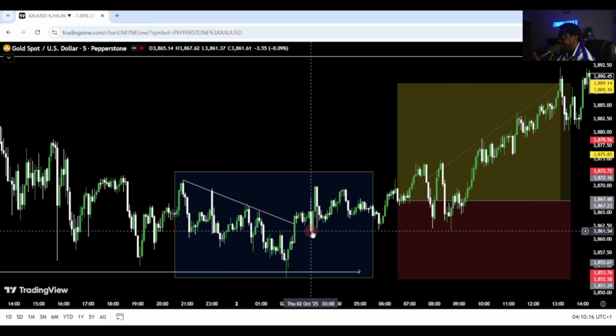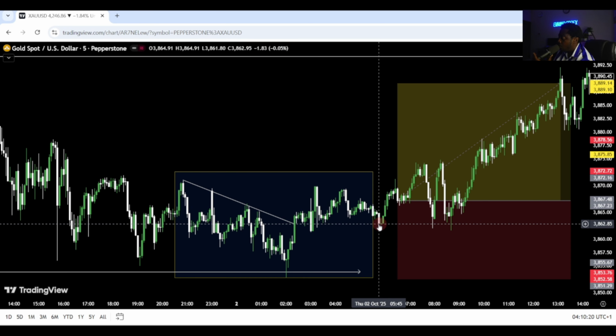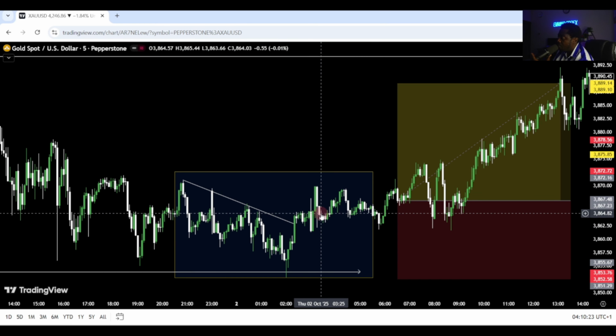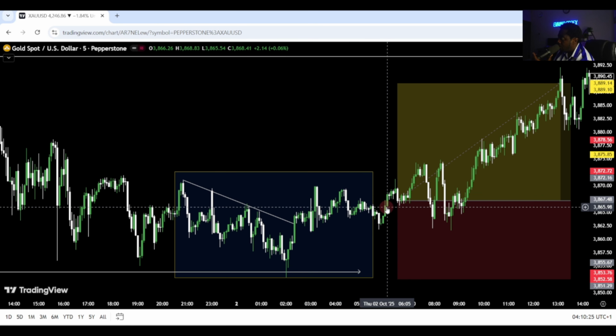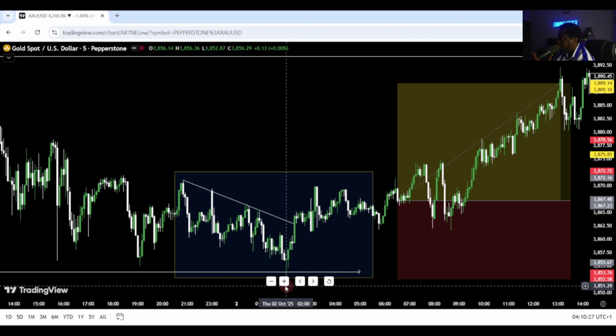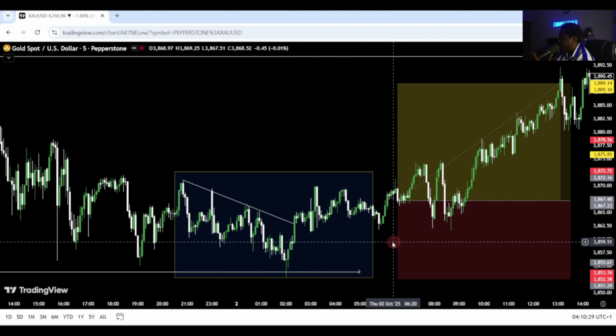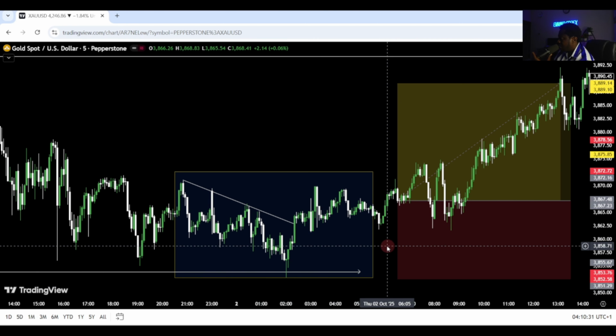I don't like taking positions during the Asia session. I want to wait for the London session. Why? Because there are times where you take a buy here, and towards the London session, price will just go down and raid the Asia low. So I want to wait to see how the London open is going to react, because sometimes we see heavy volume coming into the market during the London opening.